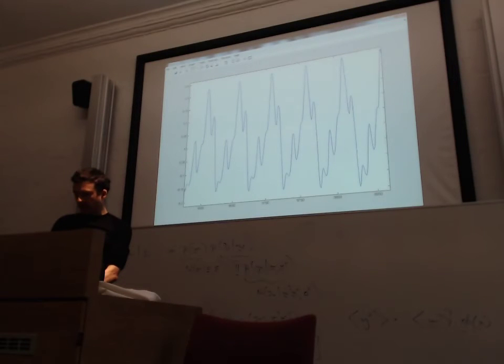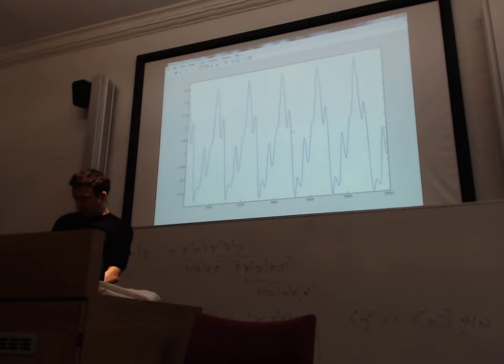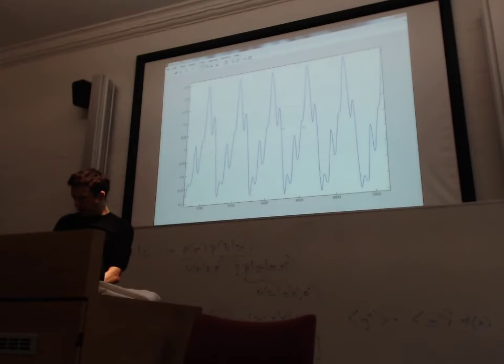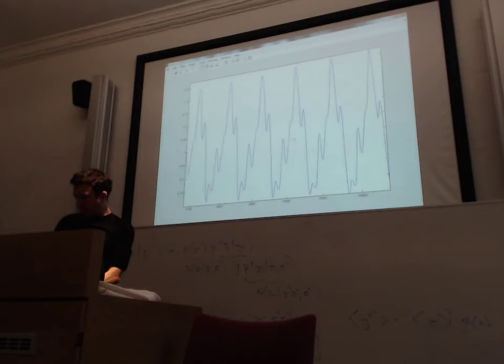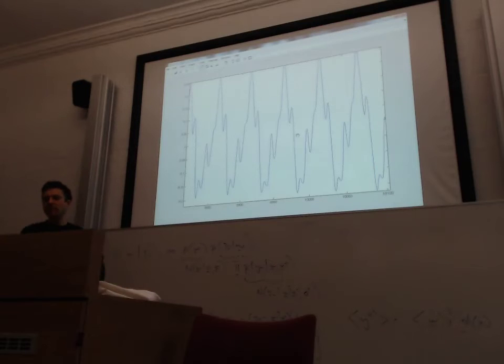So what I'm going to do is corrupt this signal in some very simple way. I'm going to randomly select something like 20% of the values and set them to 0.